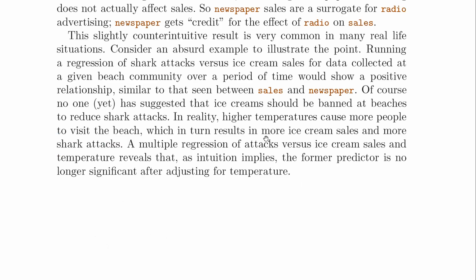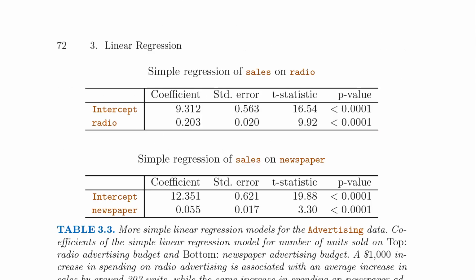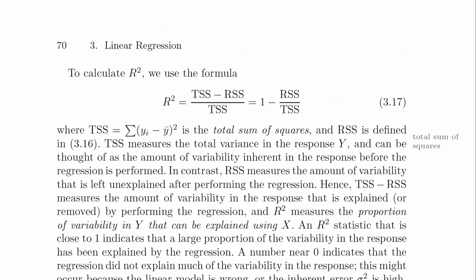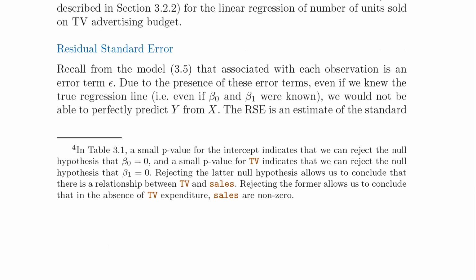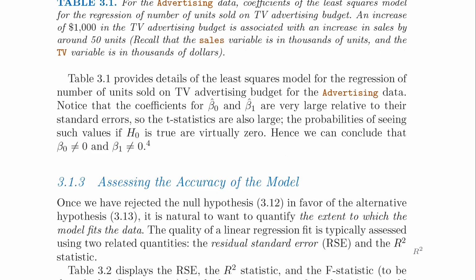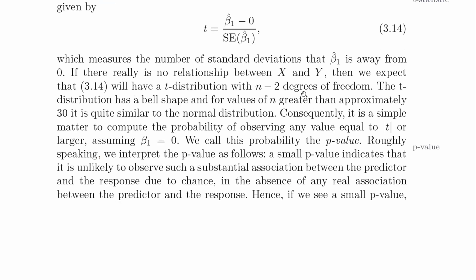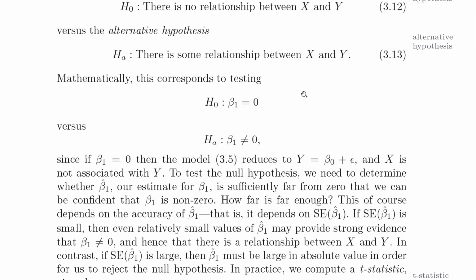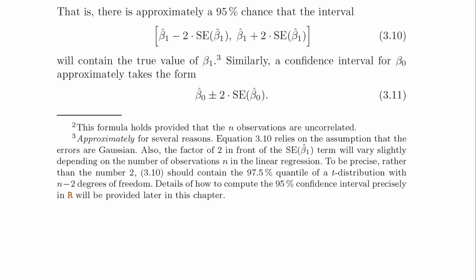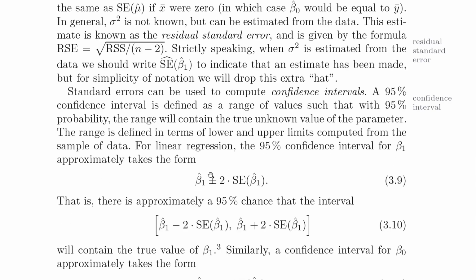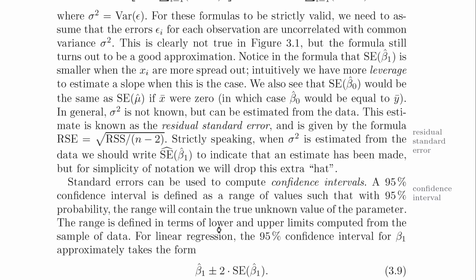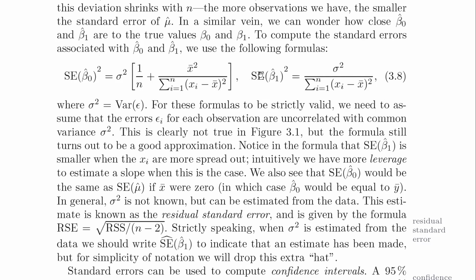And let's remind ourselves, what is the residual standard error? Residual standard error is looking at your error term. Remember when we were calculating these confidence intervals? And we needed sigma for the standard error for beta naught hat, beta 1 hat.